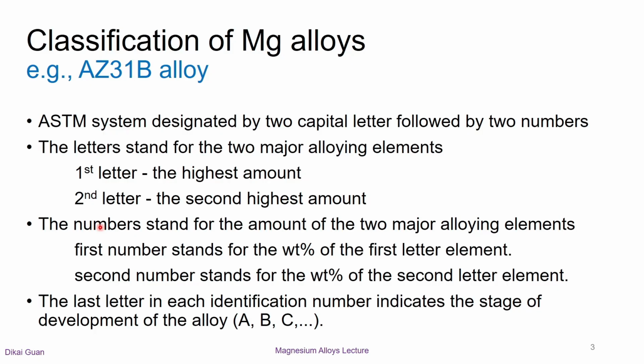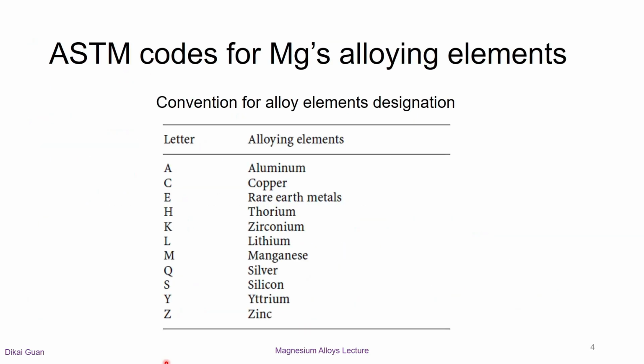First letter represents the highest amount. Second letter represents the second highest amount. A third letter may be needed to indicate the stage of development of the alloy, A, B, C. This table shows the key letters represent major alloy elements used in magnesium alloys.